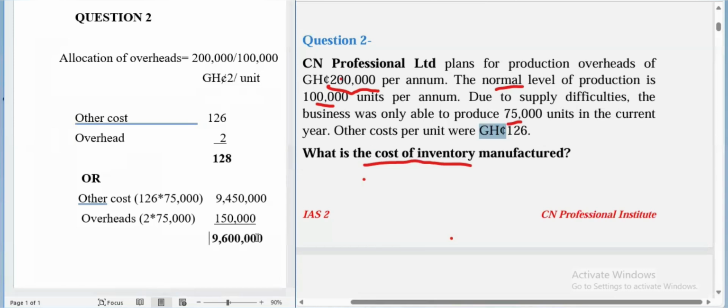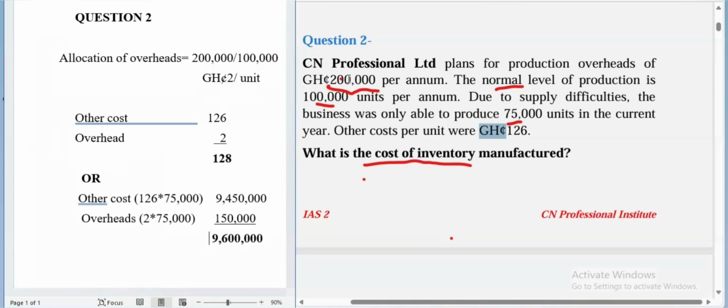Now, check something out. There is what we call over or under absorption of overhead. In this question, there's what we call under absorption. So there's under absorption of overheads. Check the total overhead in the question: 200,000 cedis.